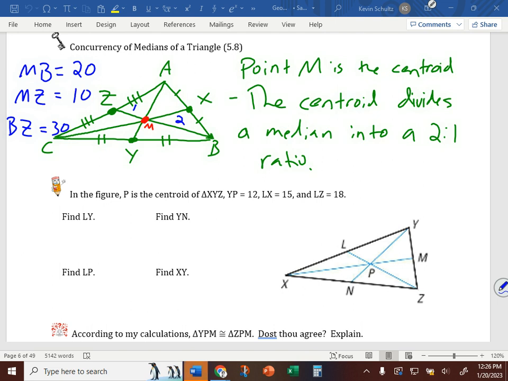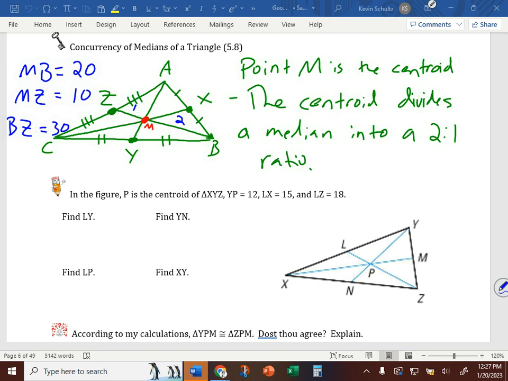What a centroid does is it divides a median into a 2-to-1 ratio, which means that one part of the median is twice as long as the other part. Okay? The part from the angle to the centroid is the part that's longer. From the centroid to the midpoint of the opposite side, that's the shorter part.